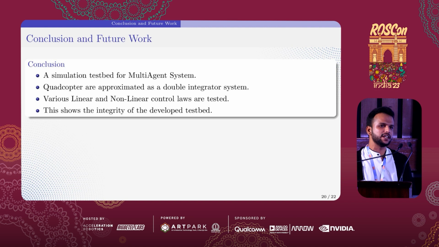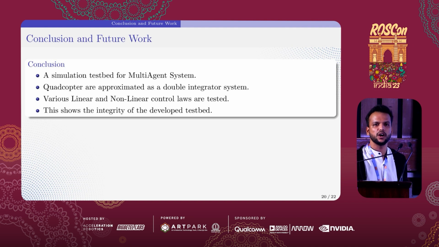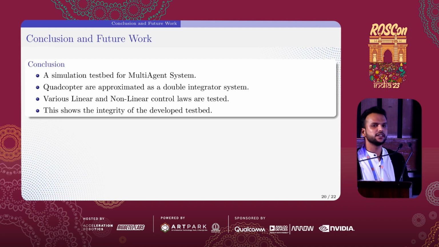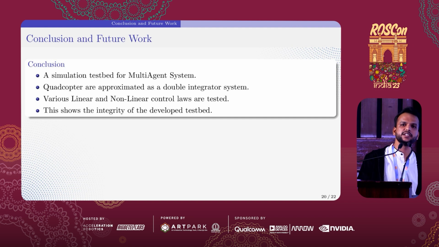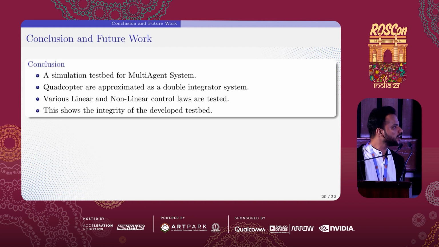To conclude, the simulation platform was developed mainly for researchers so that they can easily deploy their distributed control algorithms in a more realistic world. The quadcopter was approximated as a double integrator system. Then various linear and non-linear control laws were tested and examples were given. And this was the integrity of our developed testbed.